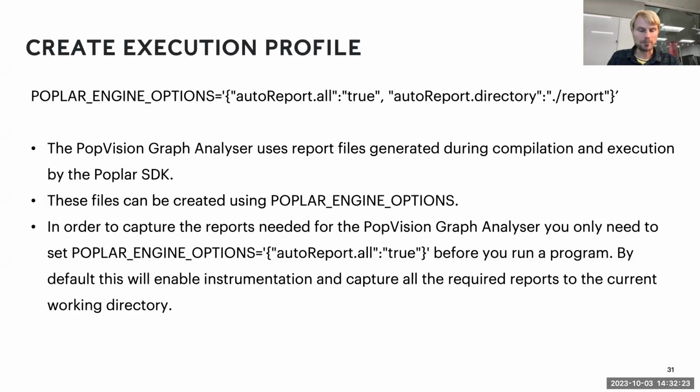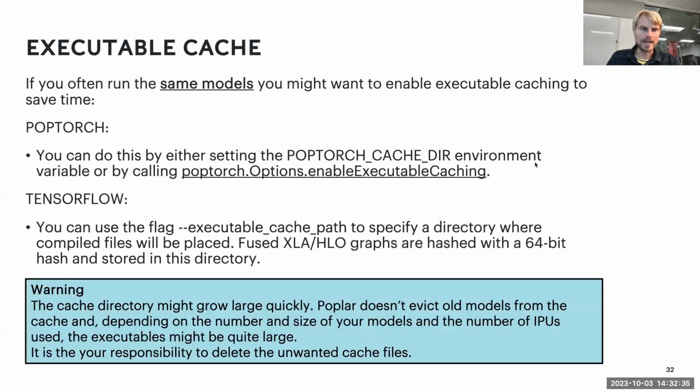Other environment variables include report creation, which is done with Poplar engine options, autoReport equals true, and the executable cache, which we have in the document for PyTorch and TensorFlow.